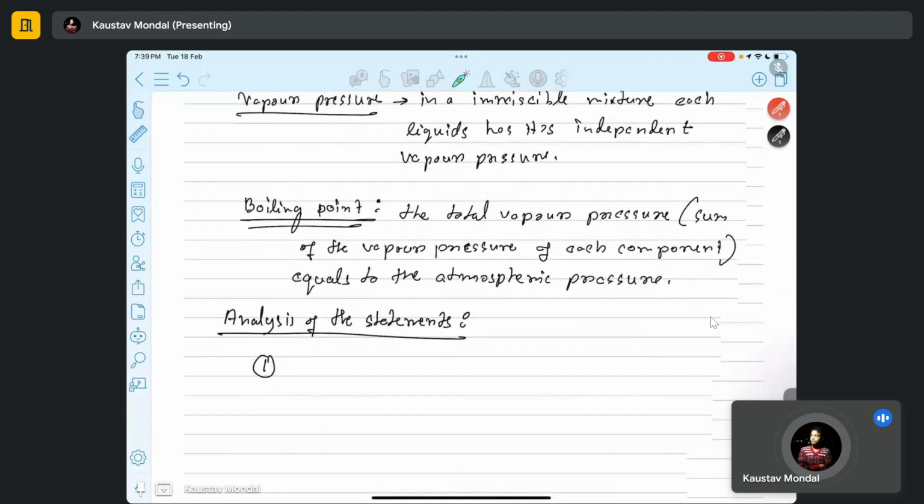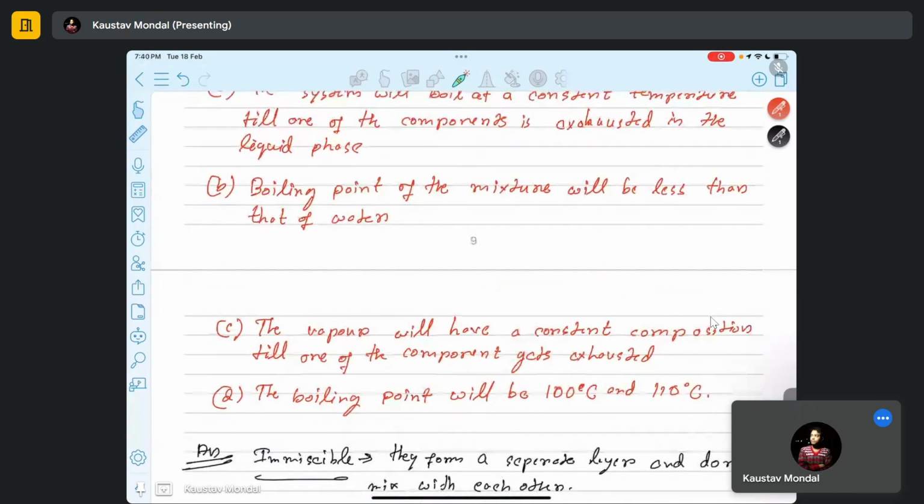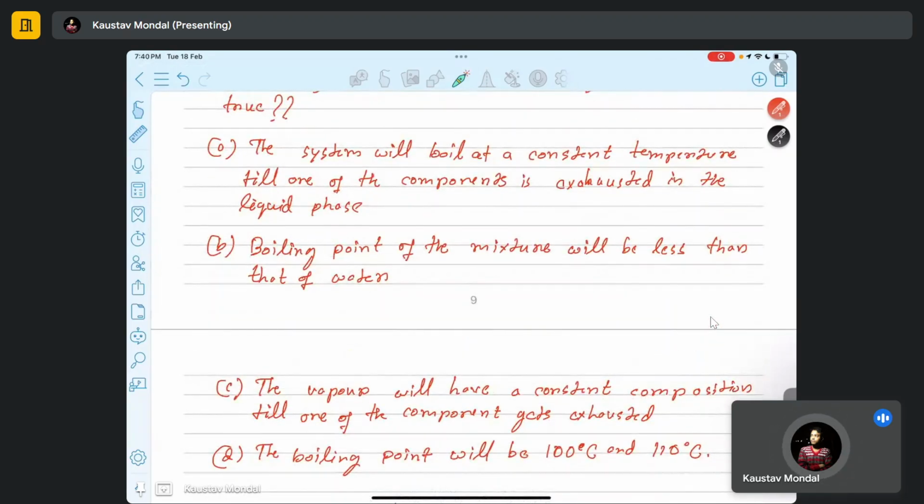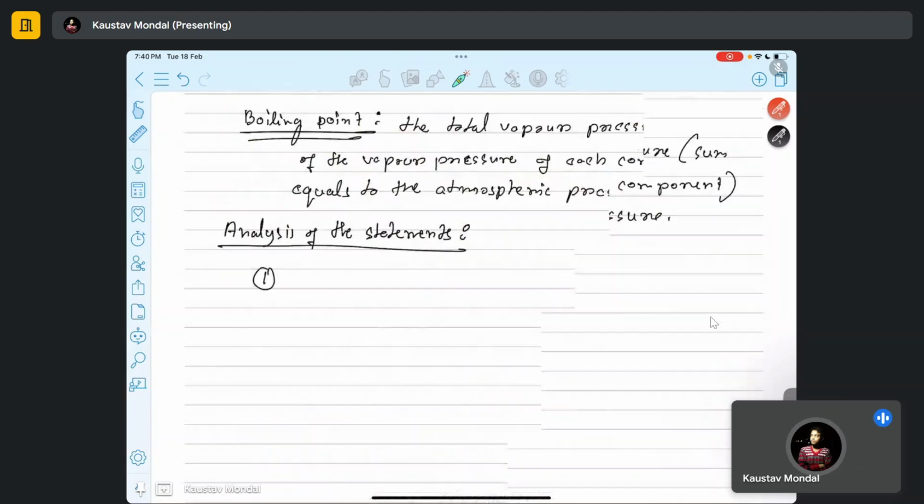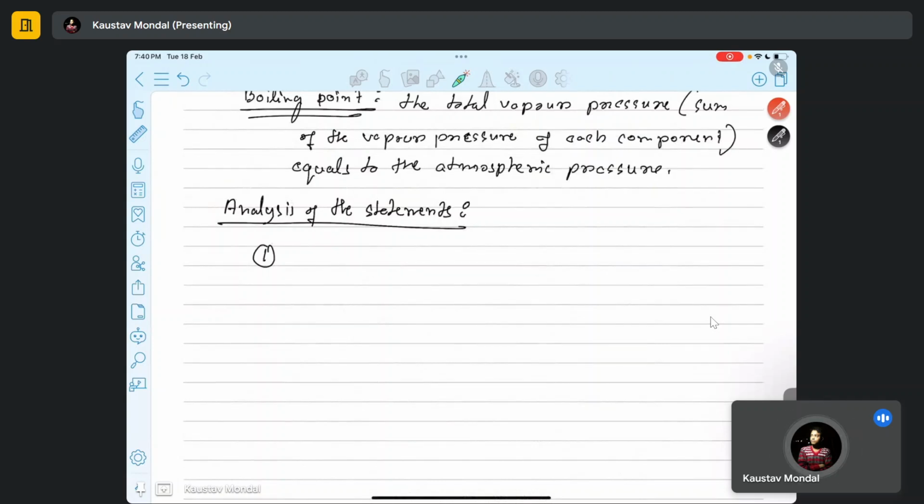So at a constant temperature, what happens is, suppose the vapor pressure equals the atmospheric pressure for that temperature for one of the components. For that temperature only that component will boil off, and this will simply happen until that component is exhausted. Meanwhile, the other component will remain in the system.